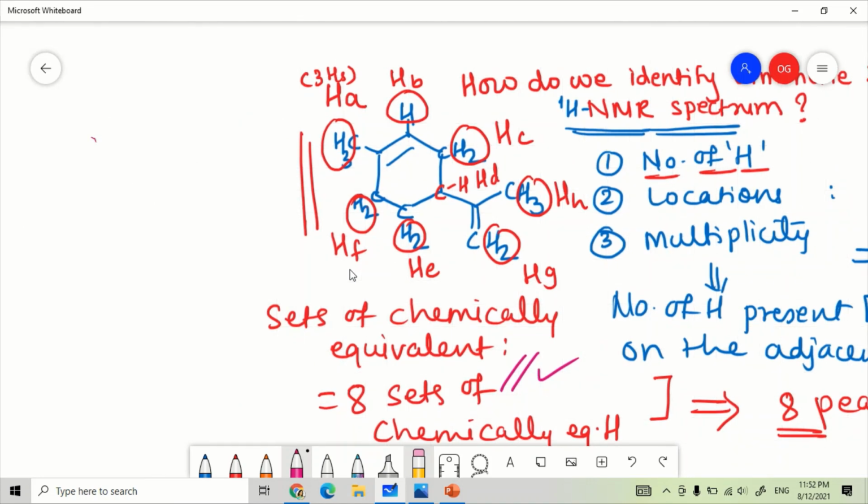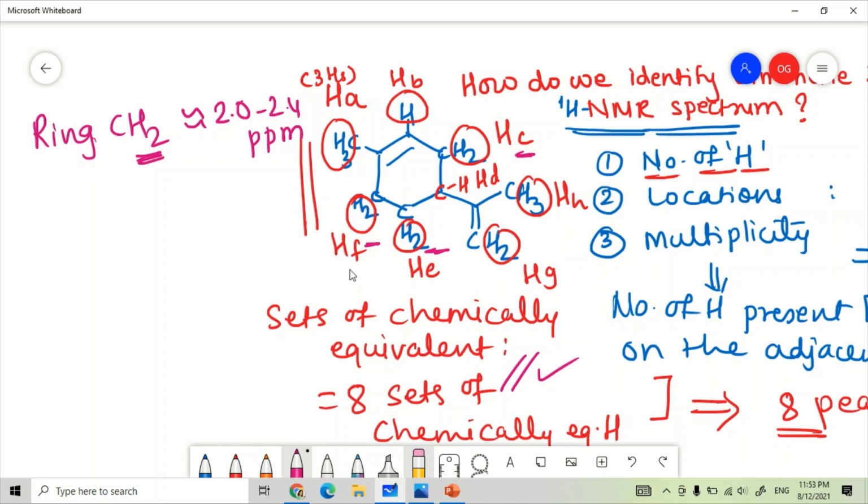So for example, I have these ring CH2s with me, that is HC, HE and HF. These hydrogens will have their peaks appearing around 2 to 2.4 ppm, because they are present in the form of a ring.